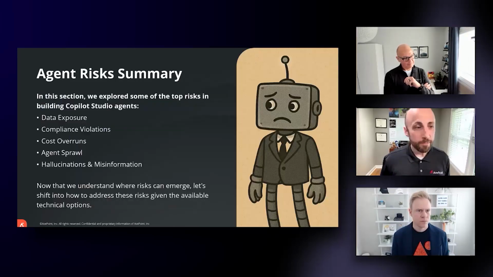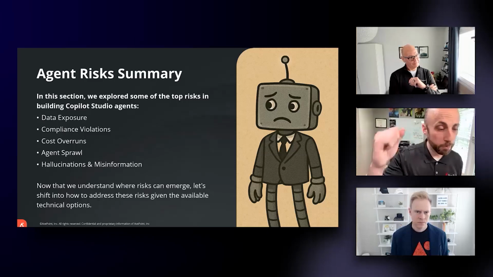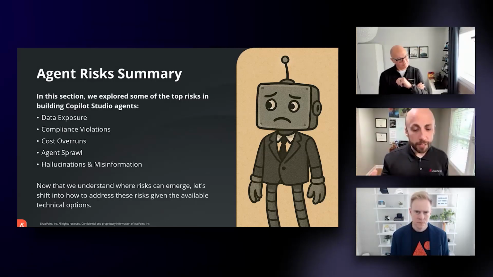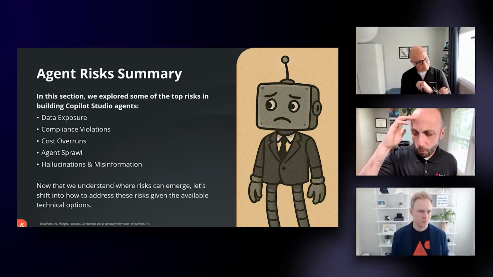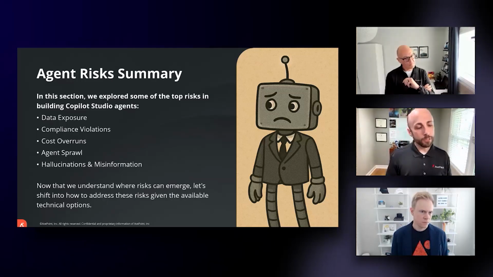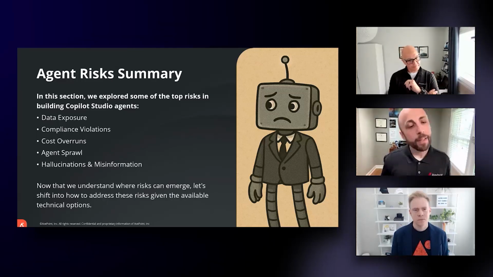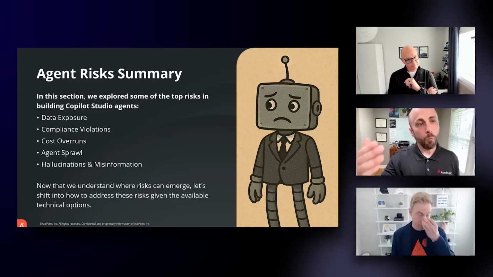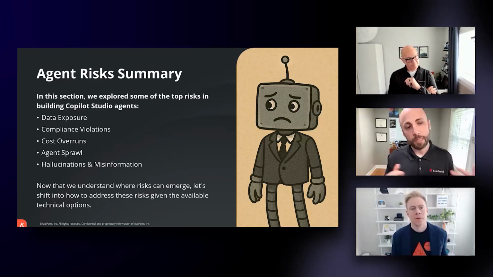From a quick summary of the things, we talked about data exposure, we talked about compliance violations, and I think a mindset that might be helpful to adopt when you're thinking about agents in your organization, and this might sound weird, is to think of agents as people. What are the guardrails you want to put in place for people?